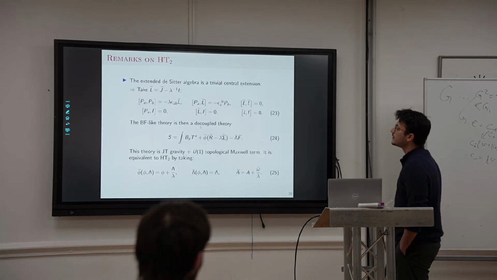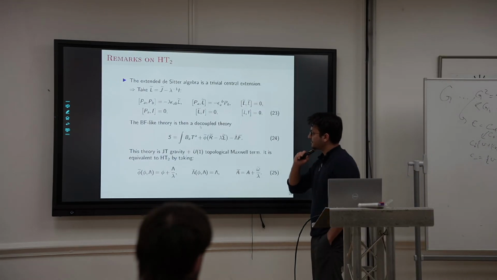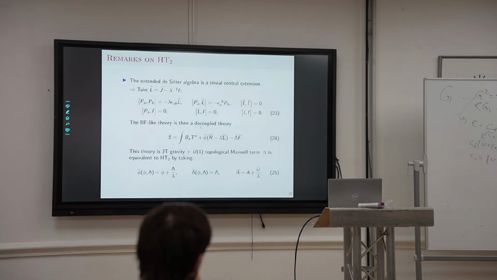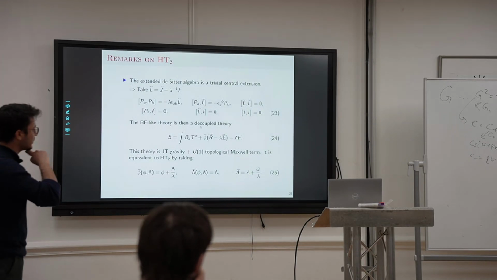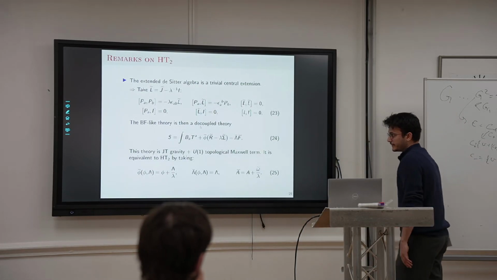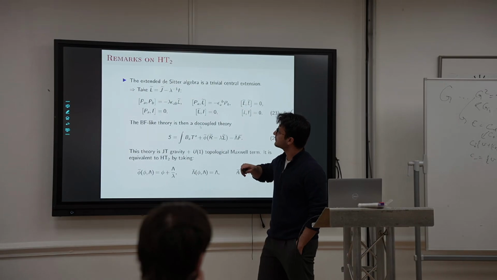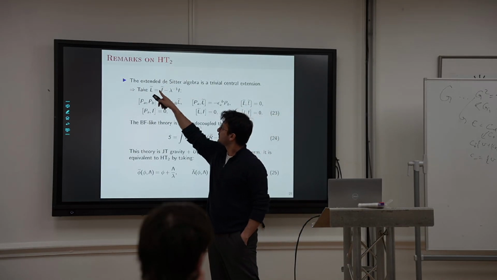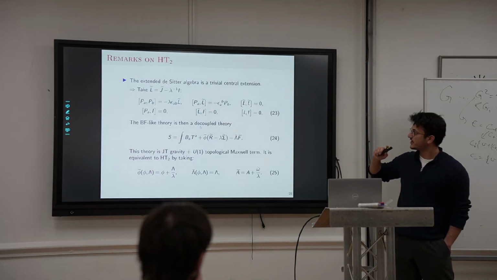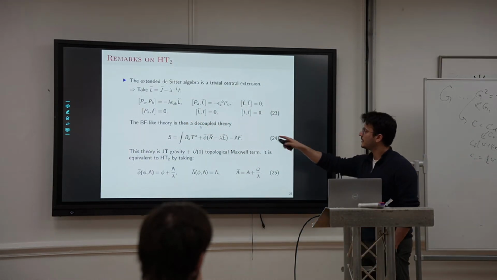Maybe I can skip this. How am I doing with it? So, yeah, this is a decoupled version. This is what you see more often in the JT gravity context, if you want to couple it with a U1 topological Maxwell term, so like a U1 Yang-Mills. What you can do is take the extended de Sitter algebra and combine the J tilde and the central element I into another generator, L tilde, and then the algebra looks decoupled.